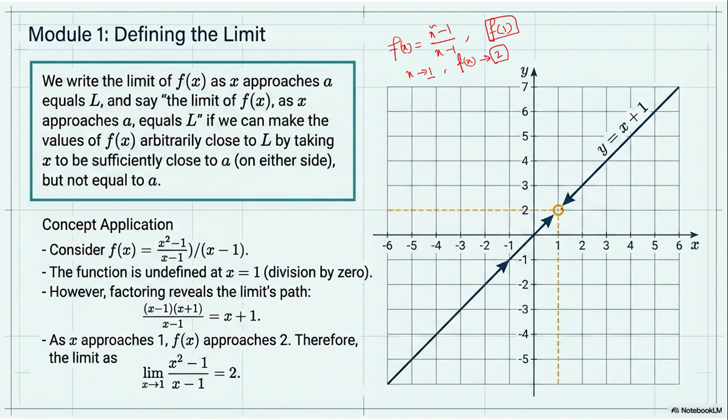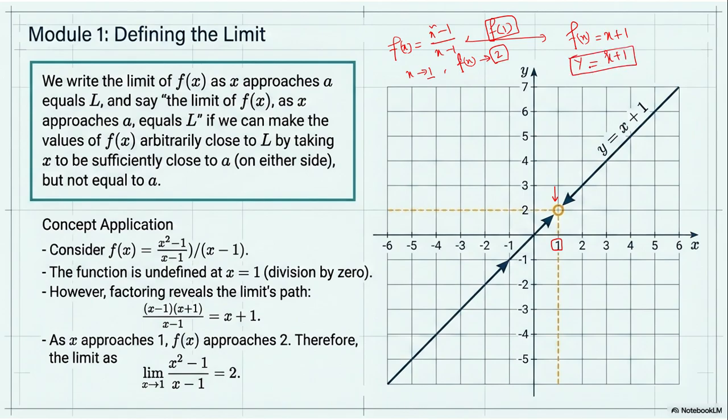That means the function will be broken. The function is broken here at x equals 1. That is the visualization of this function. If we do some calculation here, f of x becomes x plus 1, so we can write y equals x plus 1.